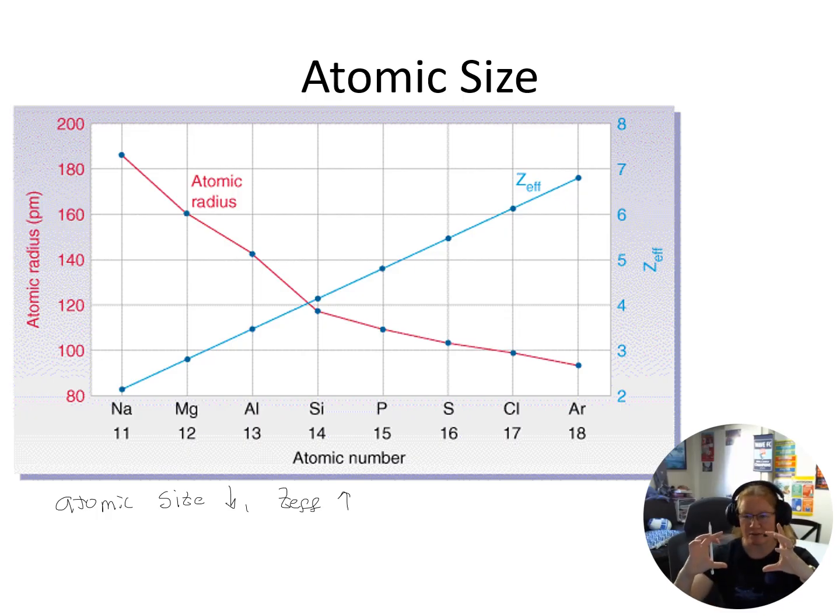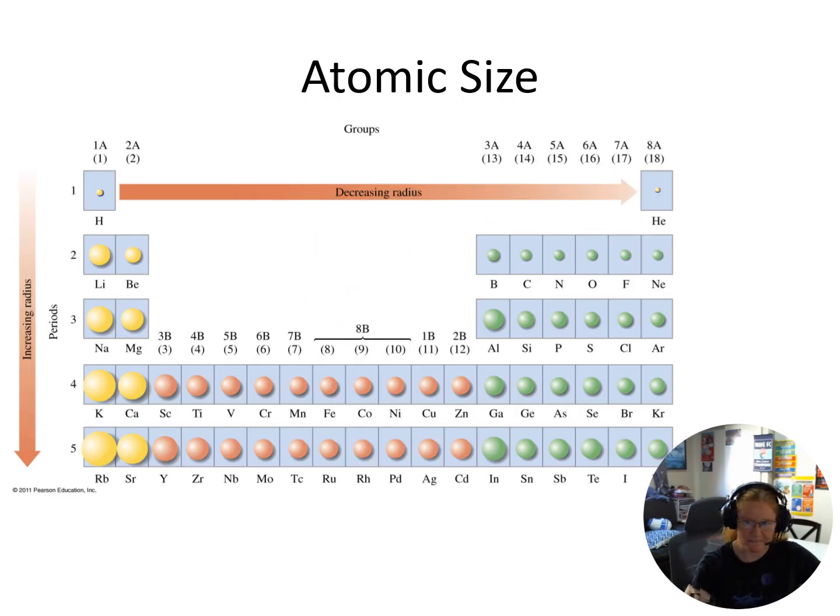And so the more charge we feel, the more we're pulled. And so we get smaller. Okay, so we get more pulling of electrons. So we get that smaller size. All right. And so you can see here that as I go across, I get smaller. As I go down, I get bigger because once I go down in energy level now, I've jumped out to a new energy level, so I've gotten bigger.